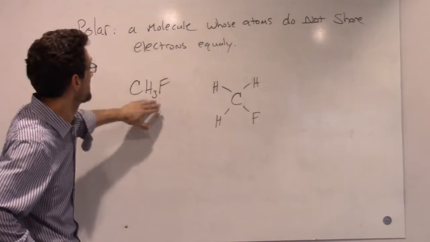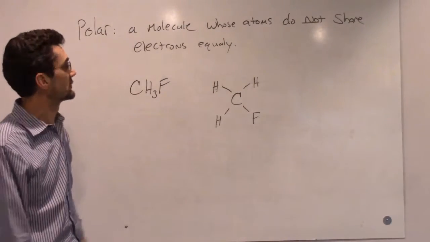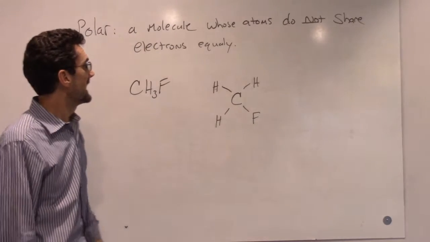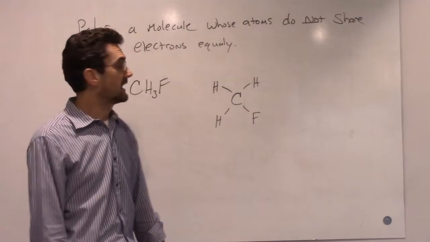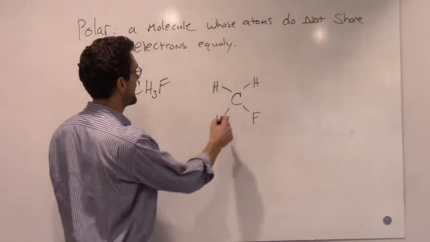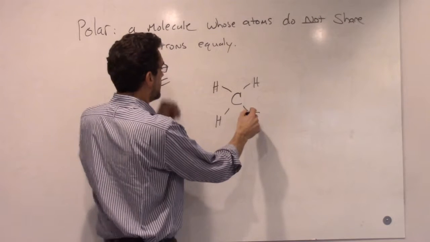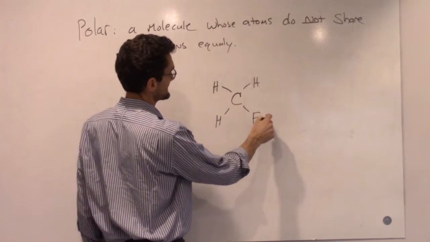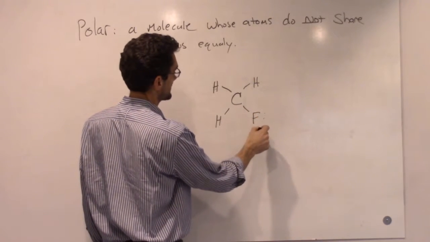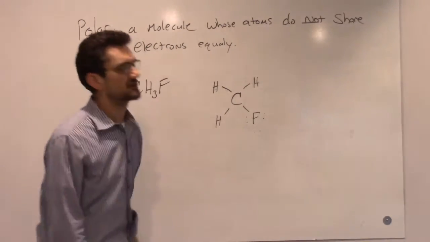Don't worry about the name, you don't need it. But in the ideal world, all these atoms would be around this carbon, and they would all share electrons equally, right? Because they all have 2 bonds: 2 electrons here, 2 electrons here, 2 electrons here, 2 electrons here. Actually, this has more than 2 electrons because fluorine has all these guys too. But all these electrons would be shared.